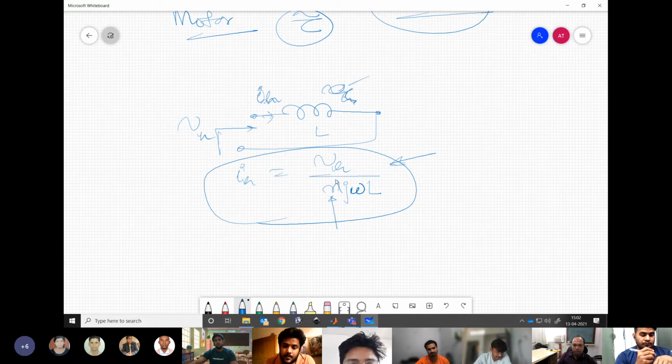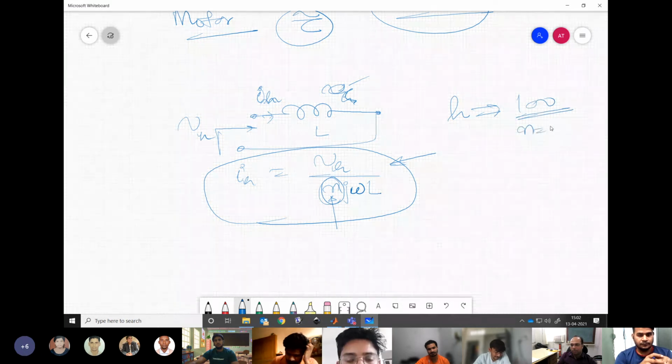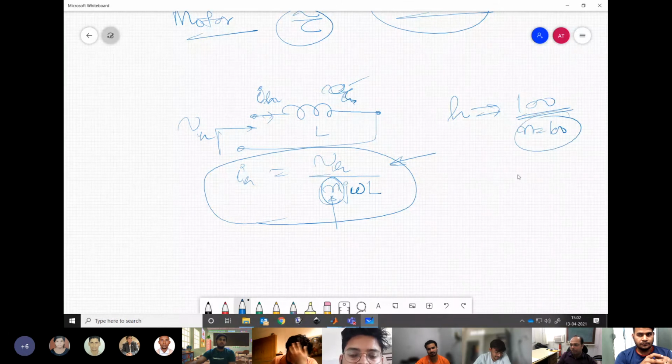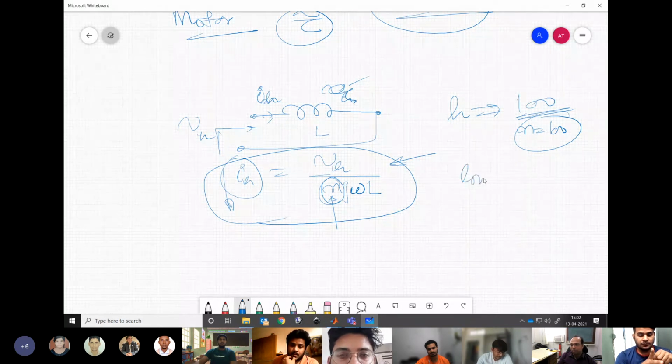What is this number n telling you? If your harmonic order is going very high, let's say 100, this is your n. If n is going very high, is your current component not coming down automatically compared to the lower ones? Yes, sir.